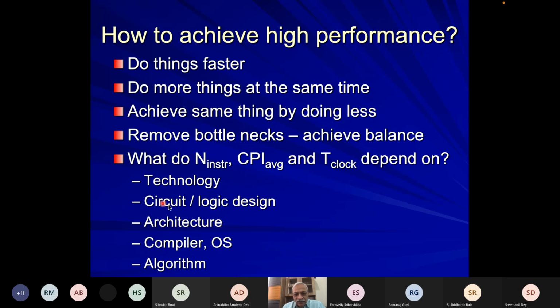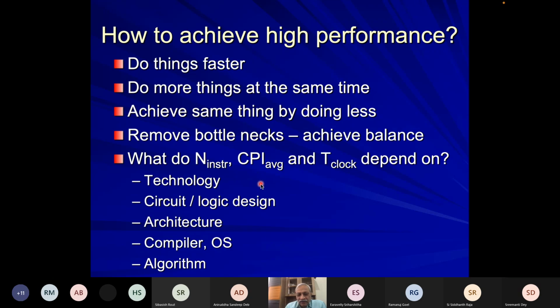In logic design or at the microarchitecture level, you are not influencing the number of instructions, but you play around with the way you're dividing instructions into cycles. So that influences average CPI and T clock. The architecture, what I mean here is the ISA. By choosing a suitable instruction set, you influence everything.